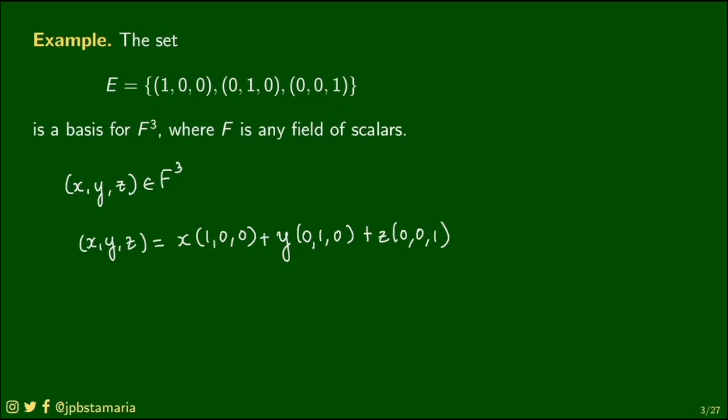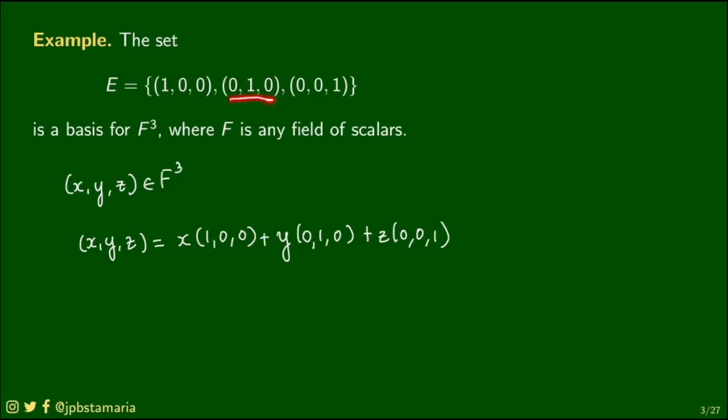Also, you can notice that this set is linearly independent. The second vector cannot be found in the span of the first vector, because the span of the first vector consists of vectors with 0, y, and z coordinates, whereas the second vector has a 1 in the y coordinate.